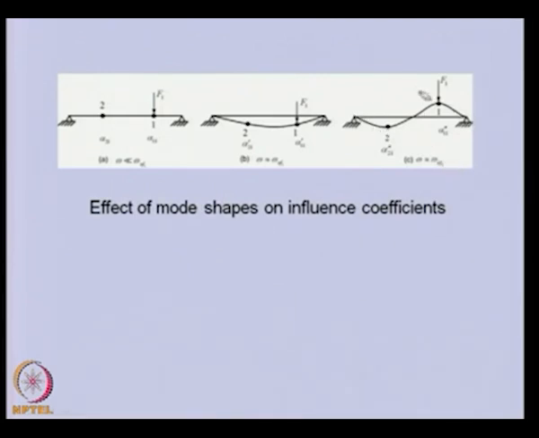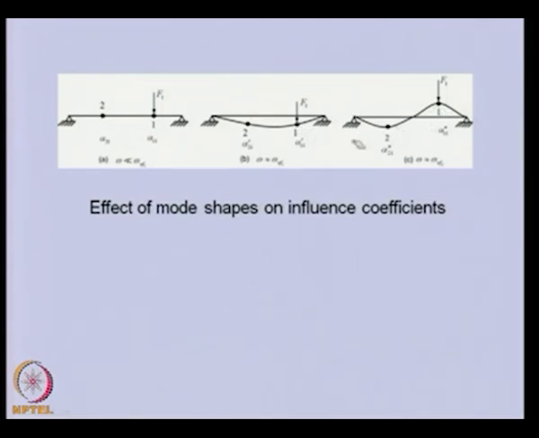Now you can see there is a node here where the displacement will be 0, and if the same amount of force is applied here as was applied there, the deformation will be entirely different. Because of this, the influence coefficient of the shaft for this mode or speed will be different compared to that.